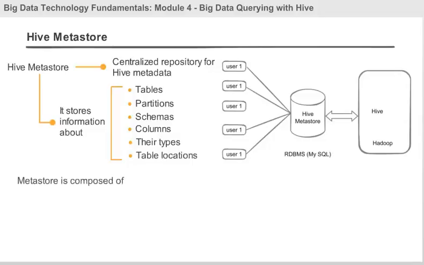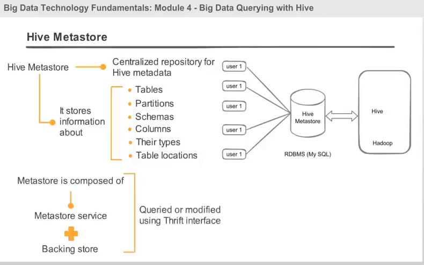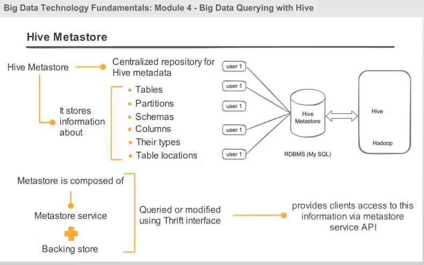The Metastore is comprised of a Metastore service and the backing store for the data. Using a Thrift interface, this information can be queried or modified. As a result, it provides clients, including Hive, access to this information via the Metastore Service API. Any client that needs to access a Hive table can access it through Metastore.